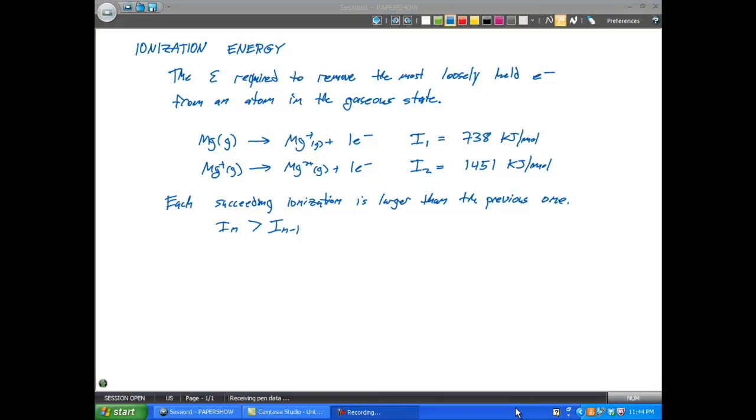And to remove that second electron, it jumps up. It almost nearly doubles. So what we can say, and we can generalize this trend, is that the further the electron from the nucleus, the easier it is to remove it.